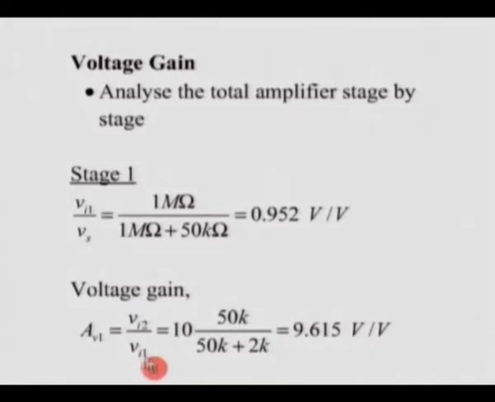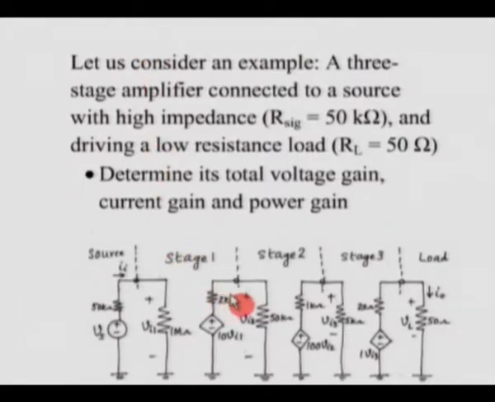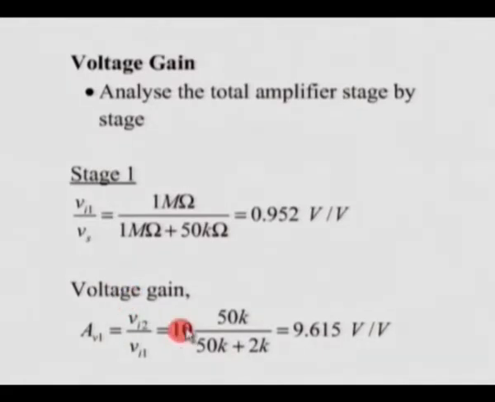Now, one very important thing to keep in mind when you talk about a multi-stage amplifier is that the load of the first stage is actually the input resistance of the second stage. The load of the second stage is nothing but the input resistance of the third stage, and so on. So, if we calculate the voltage gain, the open circuit voltage gain was 10, and 10 multiplied by 50k, the input resistance of the next stage, divided by 50k plus 2k, gives 9.615.